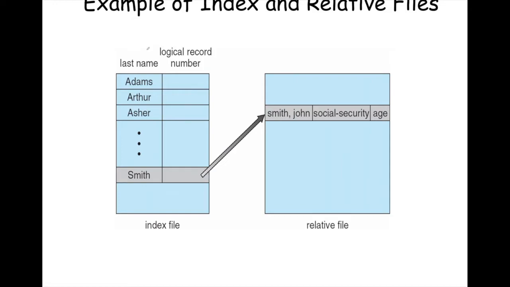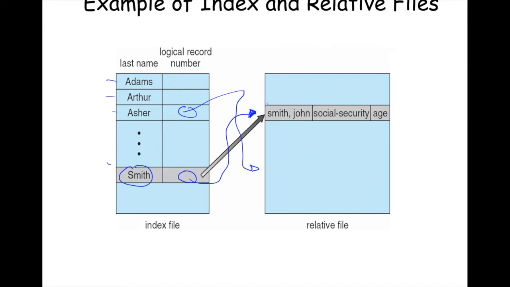Here we have an index, and that index has a name associated with a person, last name, and then you might have a logical record number. And so, for example, for last name Smith, it's going to have a number, and that number is going to refer to a location elsewhere within the file system. That's the logical record number. So record number 2 or record number 10. And maybe Asher is record number 23, for example.